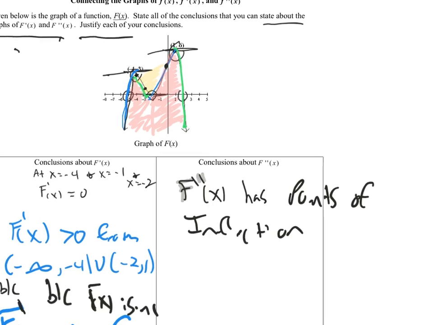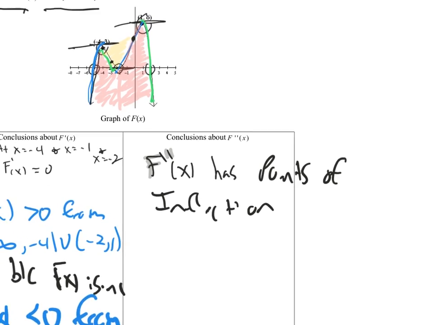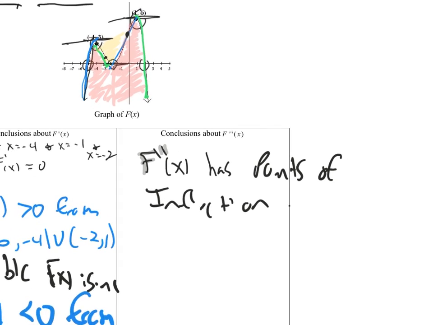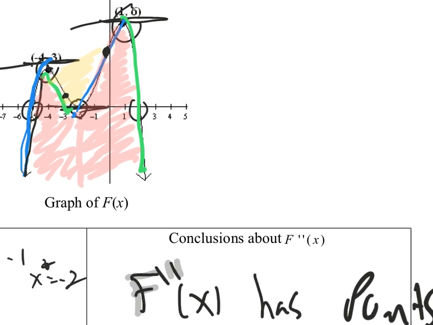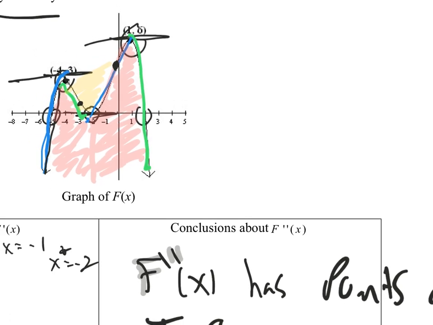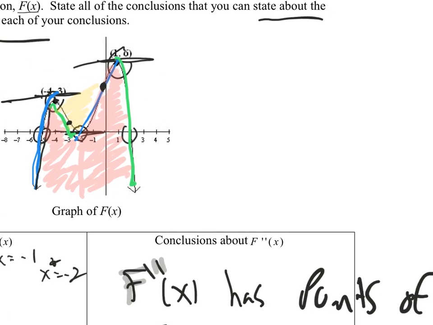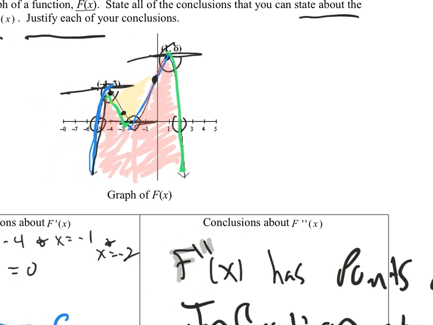All right, back to the culprit. I'm going to say f prime of x has points of inflection at x equals 2. My executive rule was -3. And I'm going to go with this one right in the middle. So what I'm thinking here is this. I'm looking at concavity down. Let me put it in a darker color.